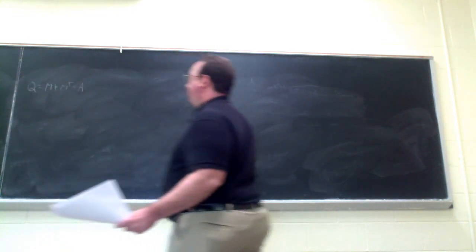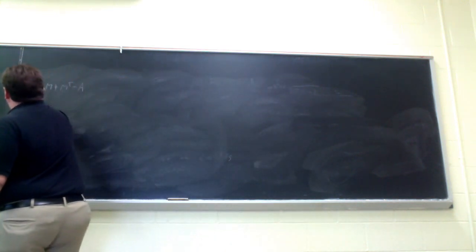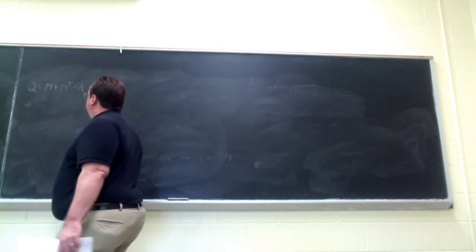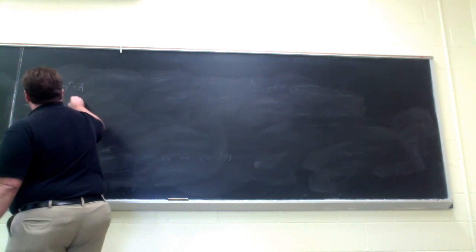Now, for my definition, I have Q is equal to M plus M transpose minus A. So M plus M transpose is the same as Q plus A. And the thing is, I'm assuming that A is symmetric positive definite. I want to show that Q is also. So I have u^H (Q plus A) u.